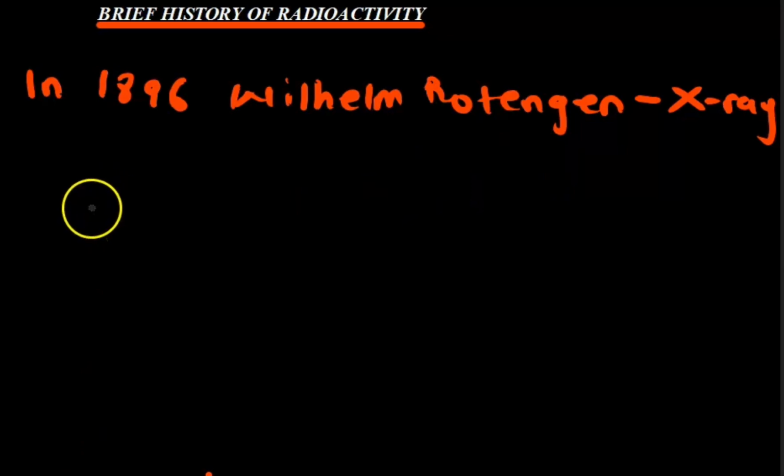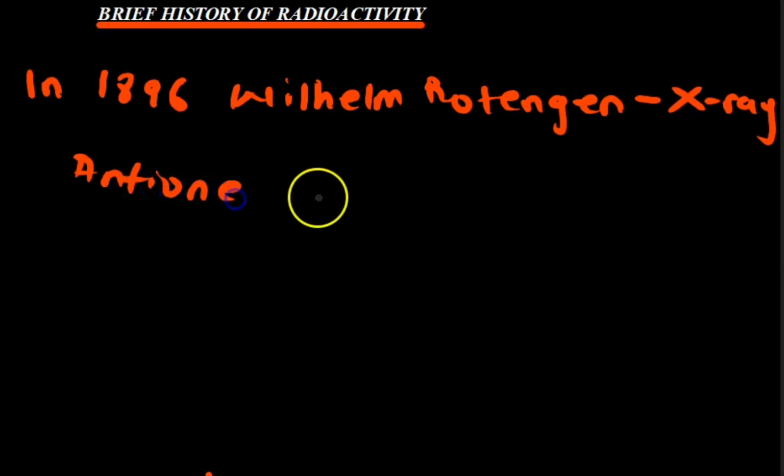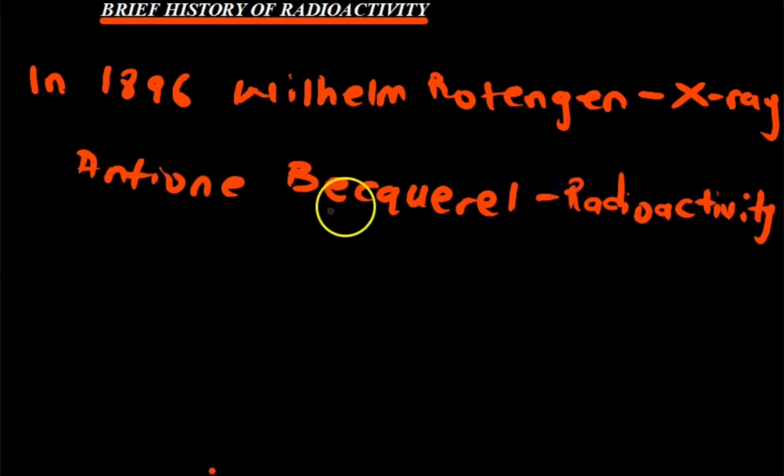In that same year, Henri Becquerel was the person that discovered radioactivity. He did so in an experiment where he discovered that uranium emits rays onto a photographic plate in the absence of sunlight or other forms of energy.